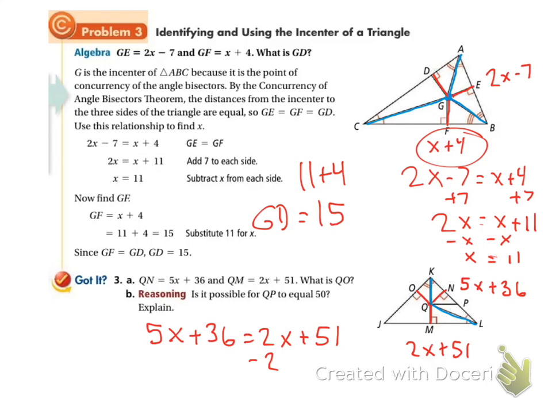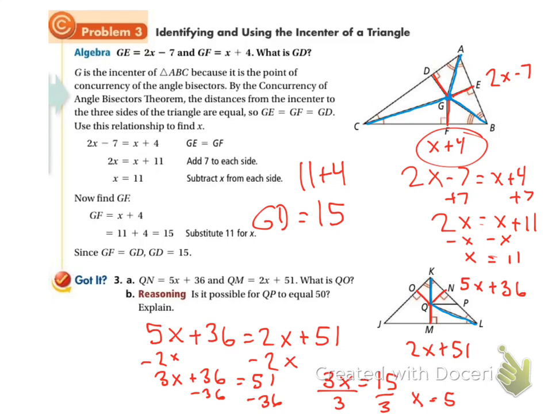I'll subtract 2x from both sides, which gives me 3x plus 36 equals 51. Subtract 36 from both sides. Ran out of room, so I'm going to move it over here. I get 3x is equal to 15. Divide by 3. And x equals 5.